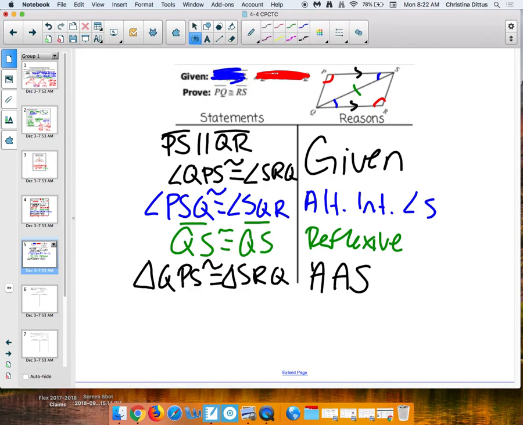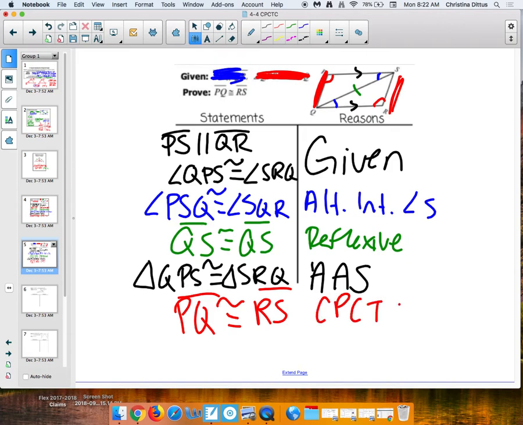My prove part says PQ is congruent to RS, and I can write that down because I already have my triangles, which means what do I write for a reason? CPCTC.